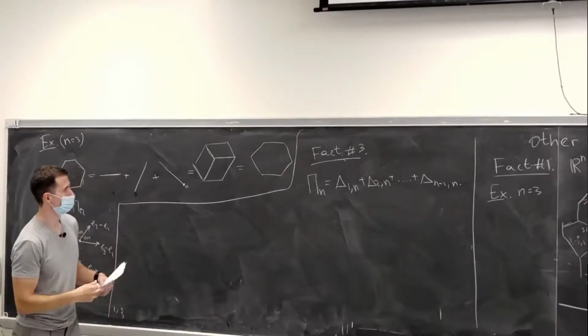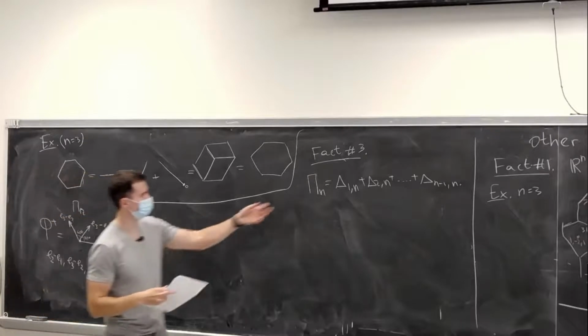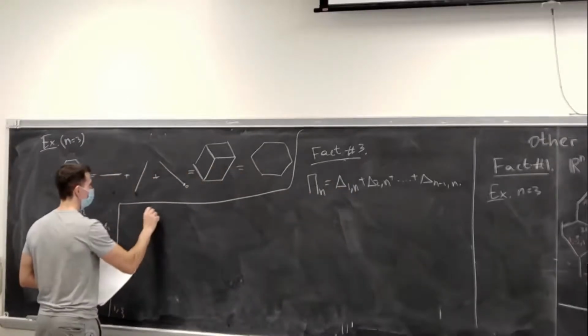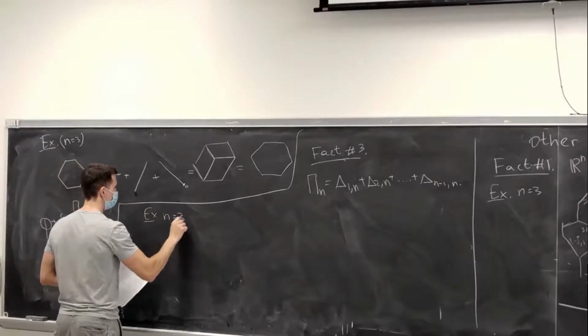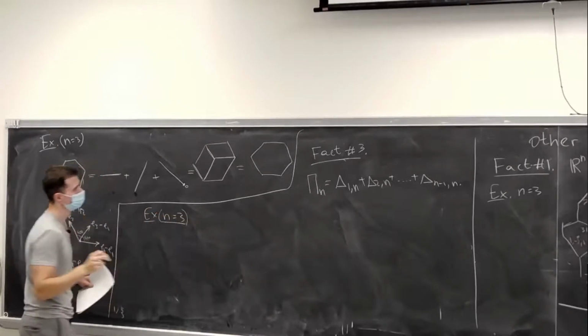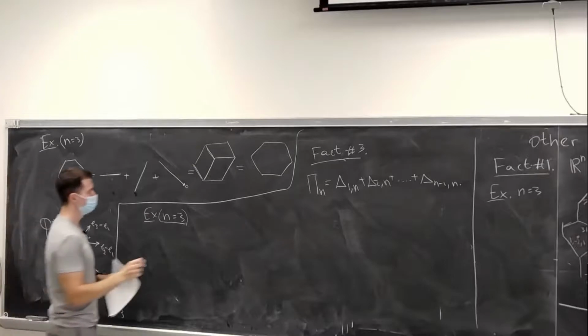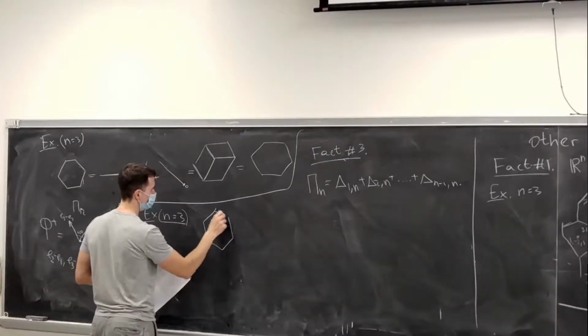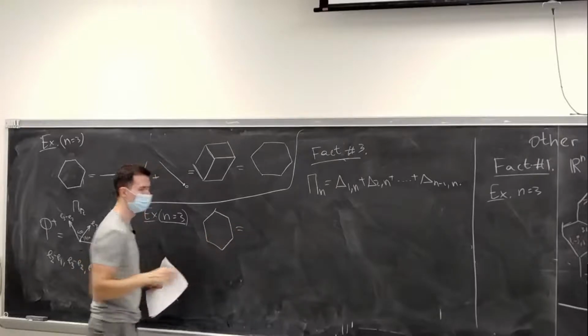And that looks kind of confusing because these are like octahedra or whatever. But let's actually see what happens for n equals 3. So for n equals 3, my hexagon should be equal to the sum of what polytopes?